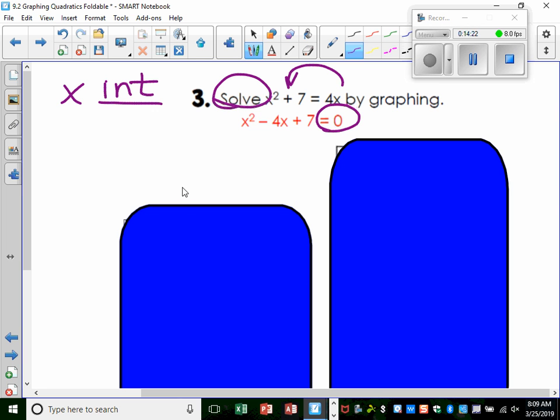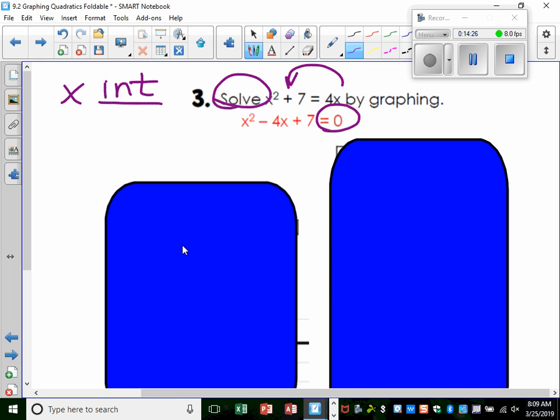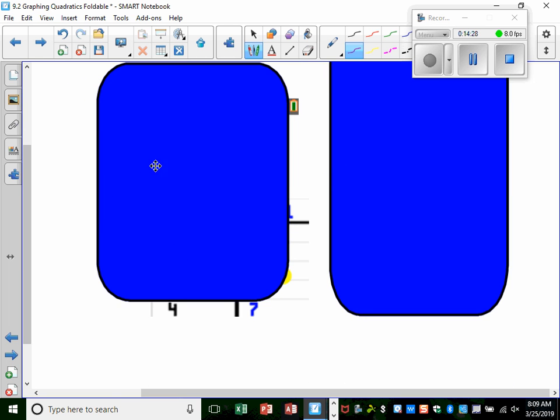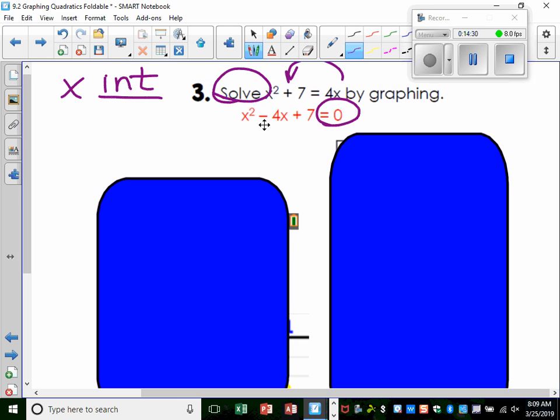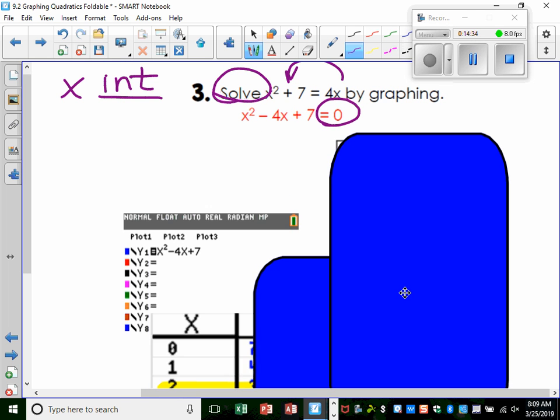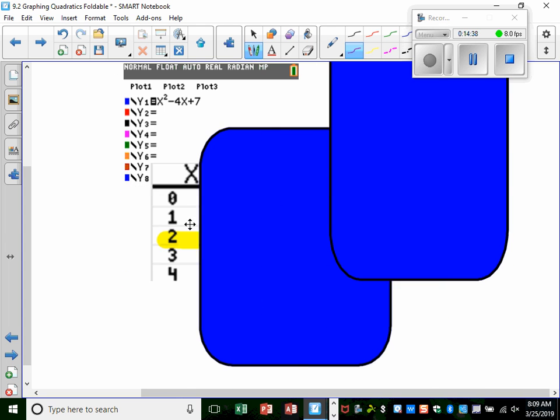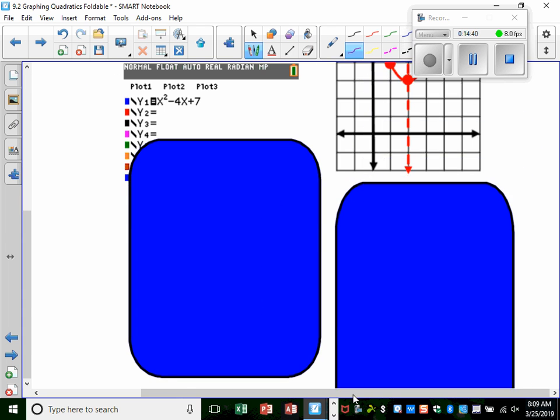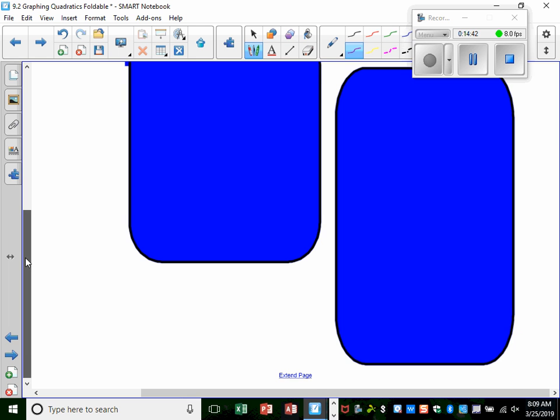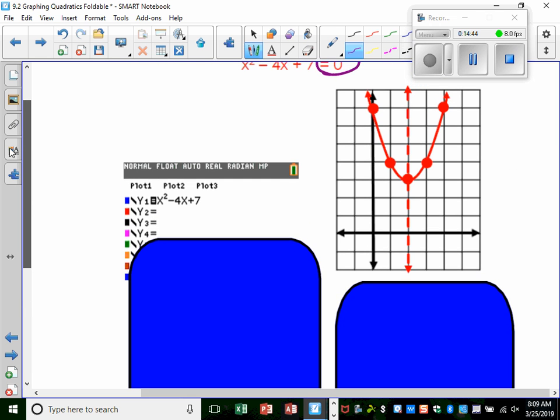So now we're looking for the x-intercept. What you can do is graph that. So go ahead and put that into your calculator, x squared minus 4x plus 7. Once you graph it, you should get a nice picture of what it looks like.